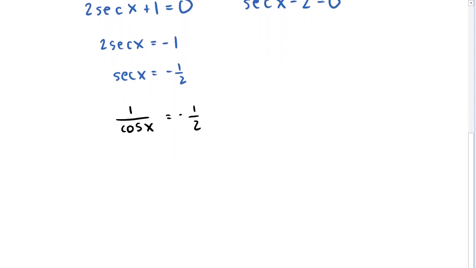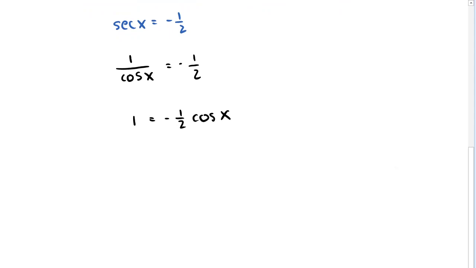Now here, I'm not a big fan of this cosine of x in the denominator. Let's shuffle things around. Let's multiply both sides of the equation by cosine of x, giving us 1 is equal to negative 1/2 cosine of x. And then let's multiply both sides by negative 2. So this gives us negative 2 is equal to cosine of x.